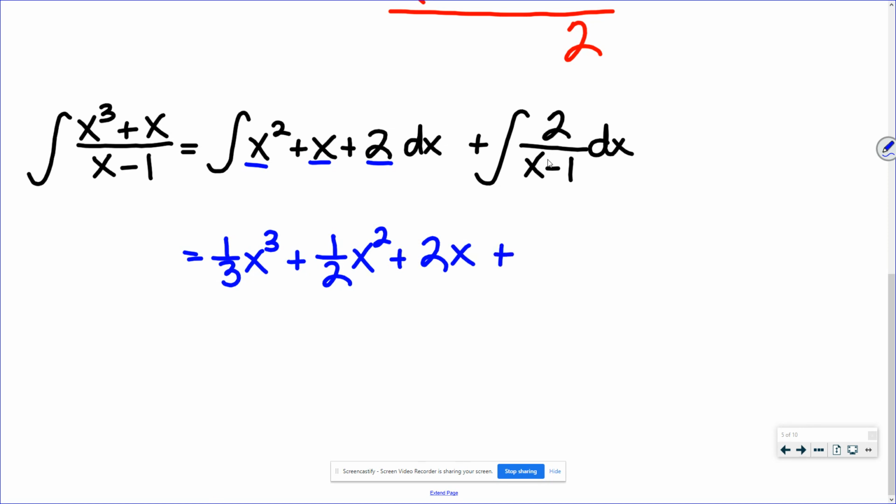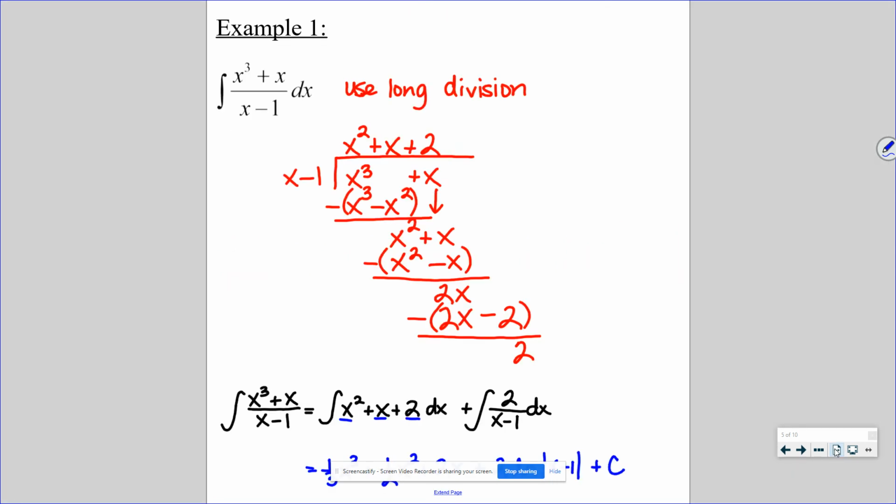And then we get to the fraction, that would be 2 ln of x minus 1 in absolute value signs plus c. So all of this is your first example for how to antiderive a rational function where the bigger degree is on the top. So this is using long division.